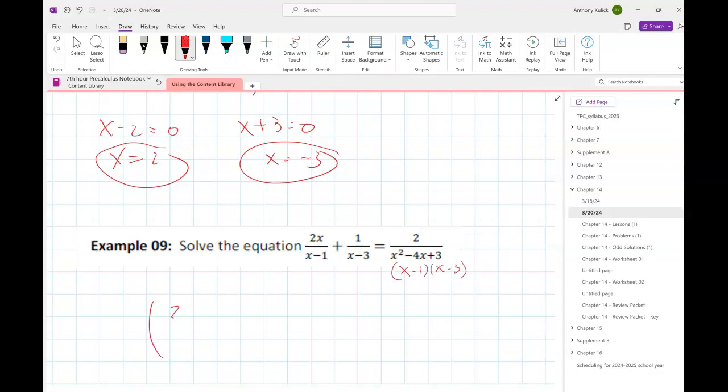Now, looking at this problem, what is going to be the least common multiple of x minus 1, x minus 3, and then x minus 1 times x minus 3? What is going to be the least common multiple?